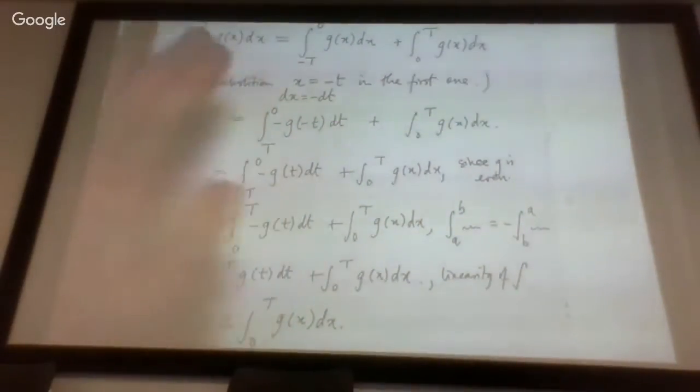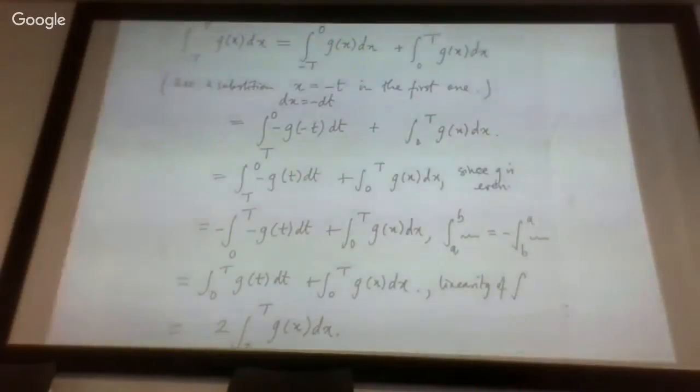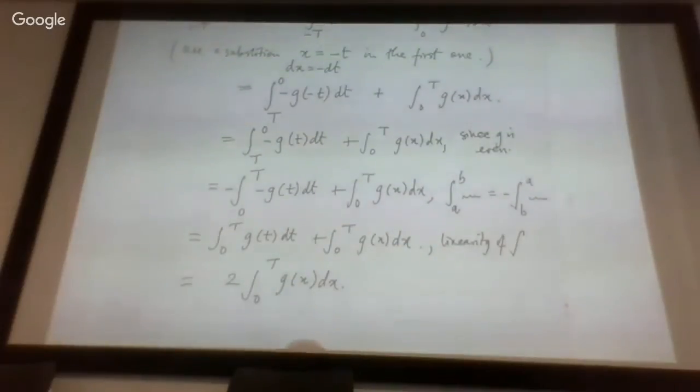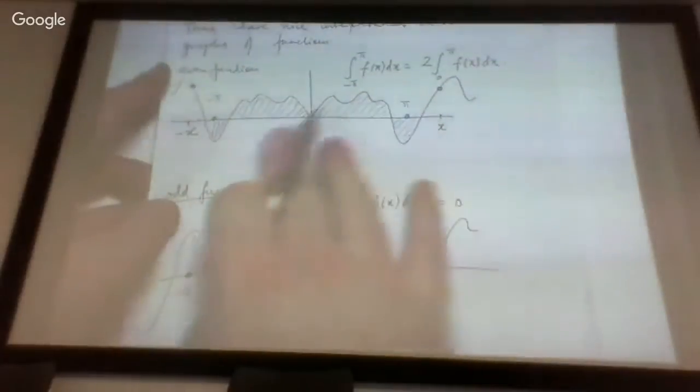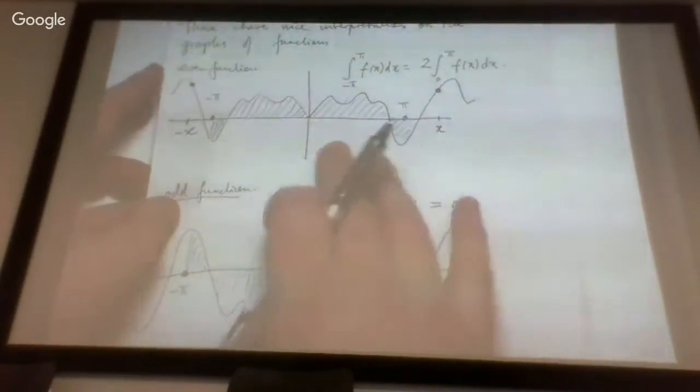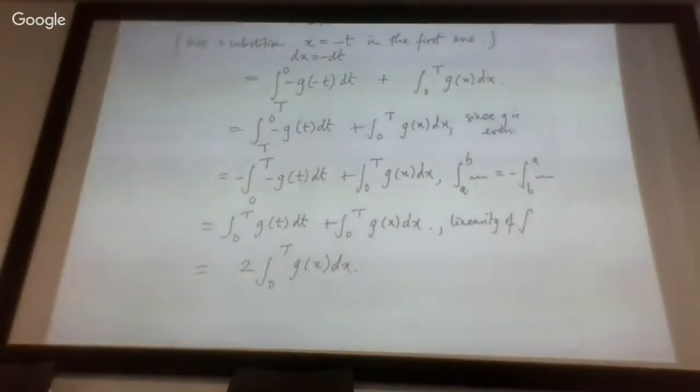Integrating our even function across an interval centered on the origin, we get exactly 2 times the integral over the positive half of the domain. So that's a formal, rigorous version, working only from the definition of even and using the properties of integration, of this intuitive graphical argument that we had up here.